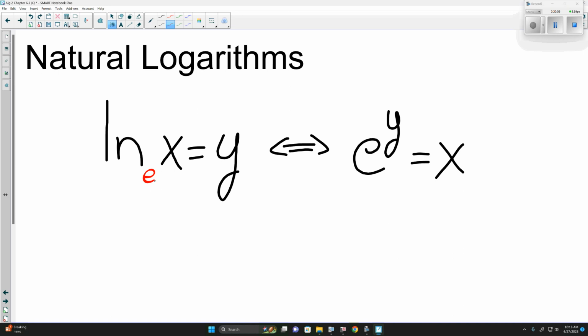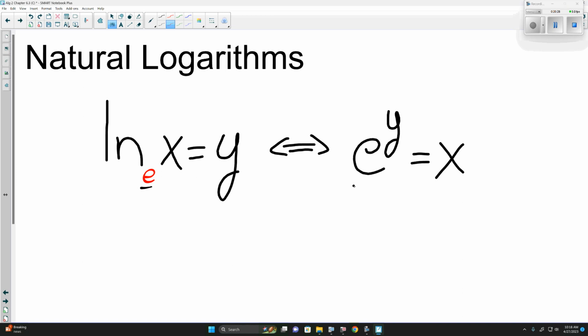Now, the way that we switch it is still the same as we did with logarithms, because log base b of x equals y is true if and only if b to the y is equal to x. So in this case, our base is e, so e to the y is equal to x.